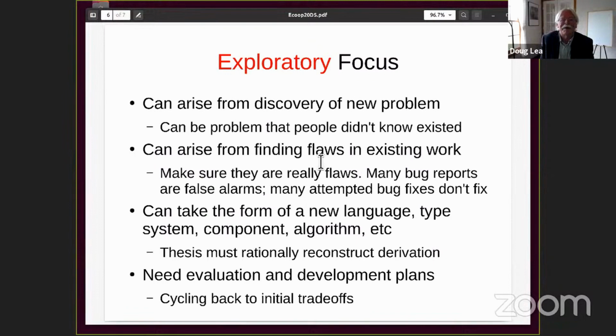And the main point of this slide, and what I'm going to say next, is the most successful of these are discovering new problems rather than new solutions per se. Finding a problem that people don't know even exists is a surefire good recipe.